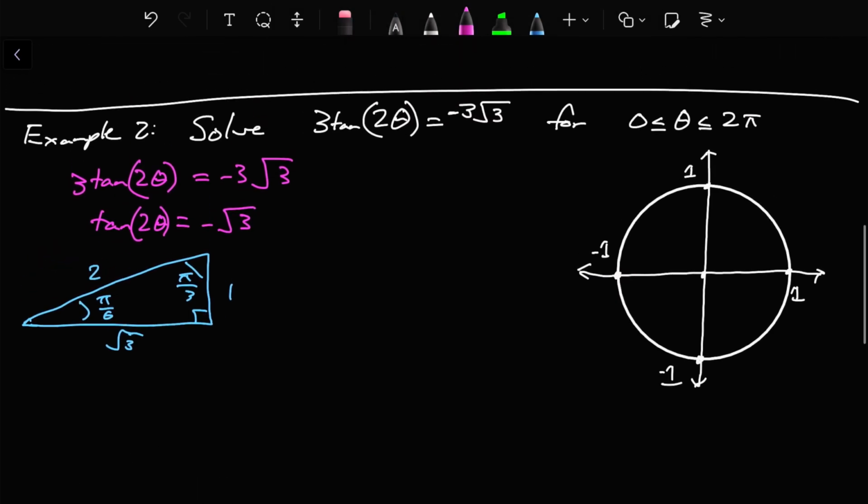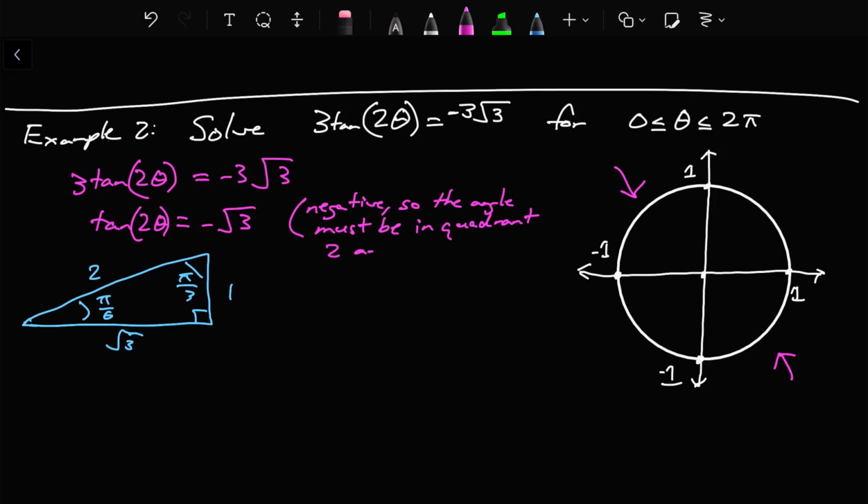We're saying that the tan value is negative. So the angle must be in quadrant... well, where is tan going to be negative? It's going to be negative in this one and this one, right? So 2 and 4.